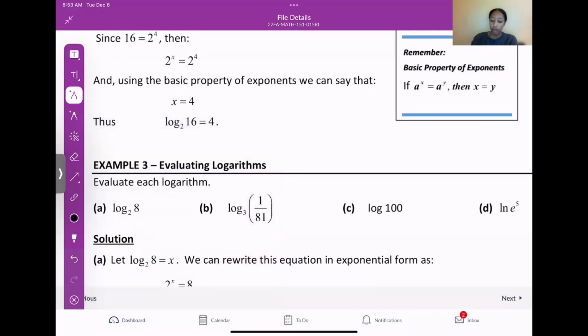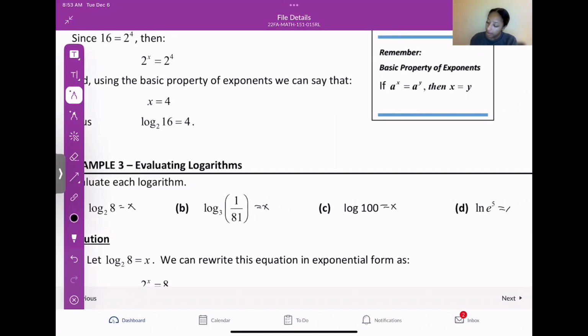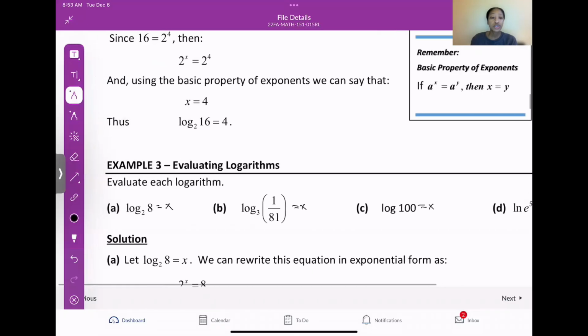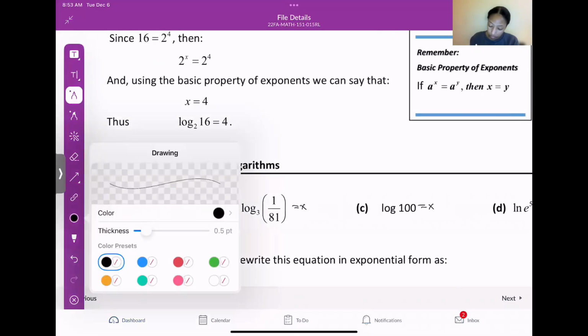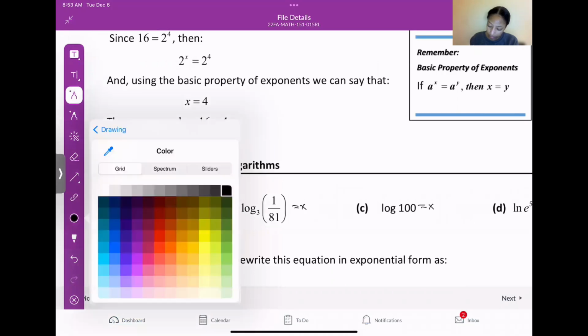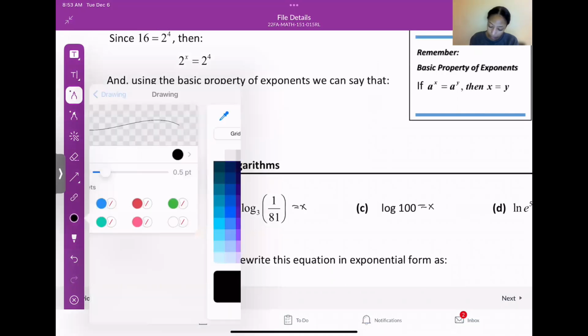All right, for log base 2 of 8, if it's helpful for you, you can always say this equals x. And then you want to convert these to exponential form. I'm going to use a different color. Let's go purple.